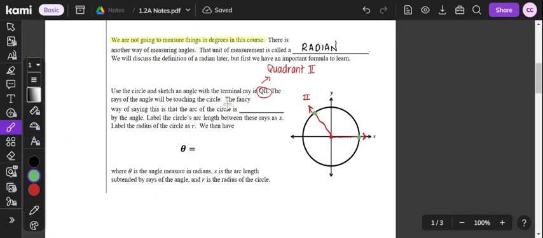And it says the fancy way of saying this, so another way of saying that an angle touches a circle, is that the arc of the circle is subtended. Okay, subtended just means that an angle is blocking off part of a circle. So this is the arc that is subtended by this angle.